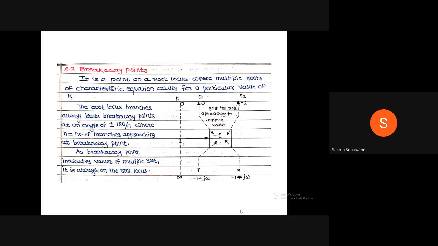The root locus branches always leave breakaway points at an angle ±180/n, where n is equal to the number of branches approaching at the breakaway point. As breakaway point indicates values of multiple root, it is always on the root locus.